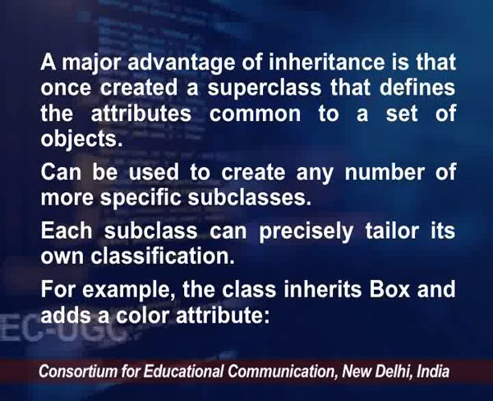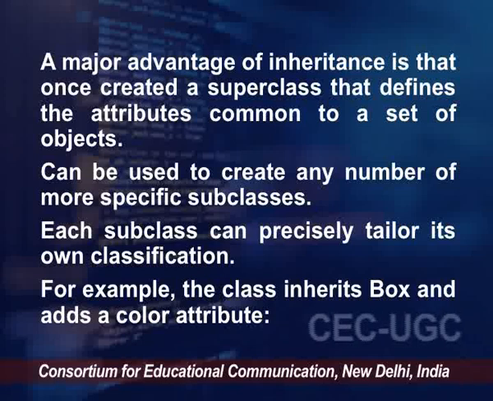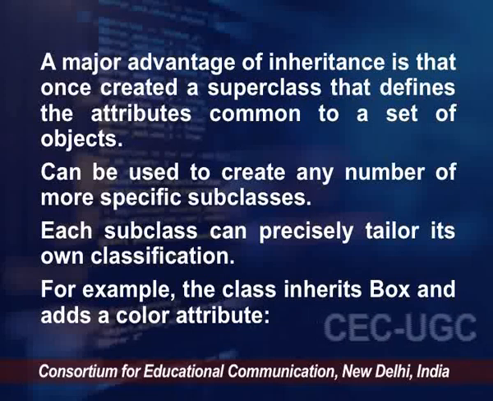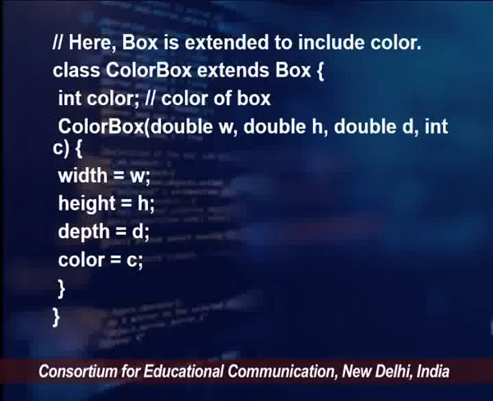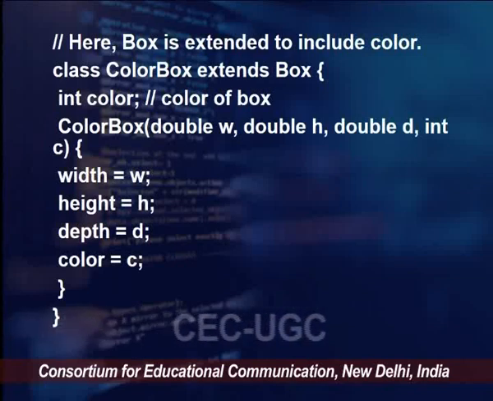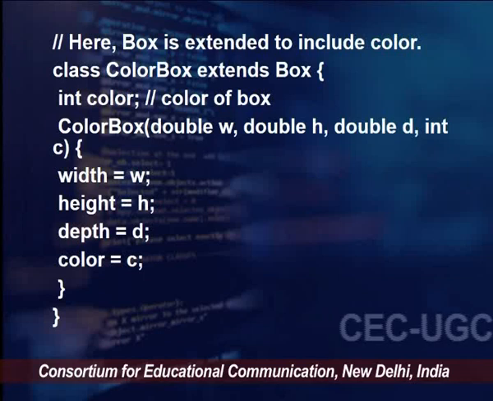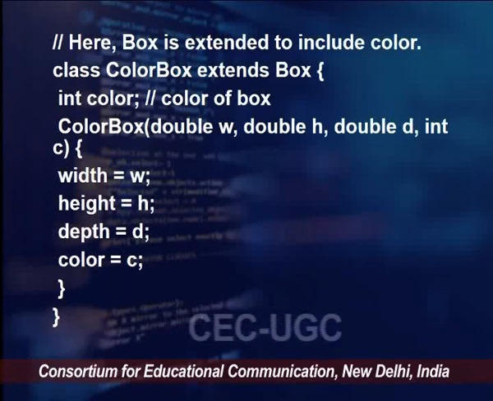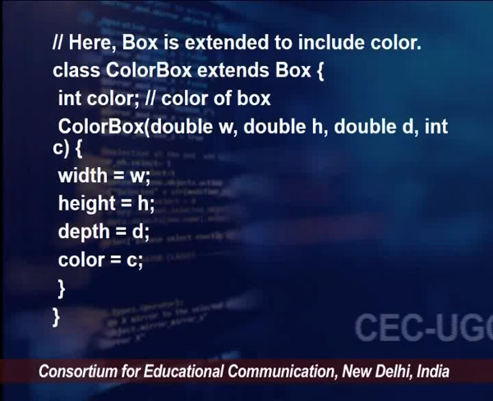So for example, in the program which we have just seen, we extended the class Box to a subclass which is BoxWeight, and now we are going to extend that class Box with another class which is named ColorBox, and instead of adding weight here, which we did in our previous subclass, we are going to add the color, which is an integer.